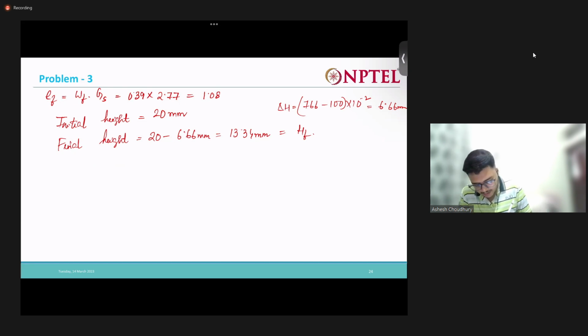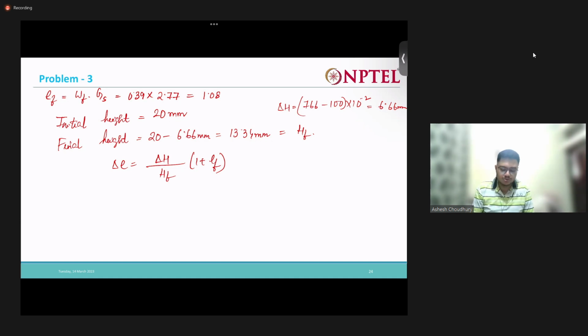Now we have determined the relation where delta E is delta H by HF into 1 plus EF, right? The change in the void ratio is the change in height divided by the final height, into 1 plus EF. This is the final void ratio. So let us put all the known terms.